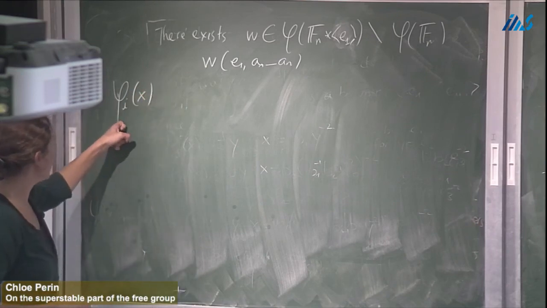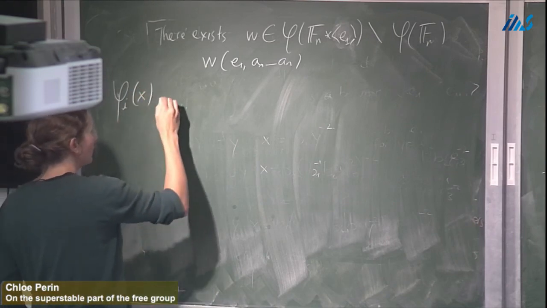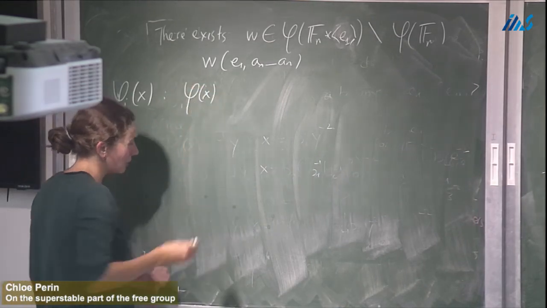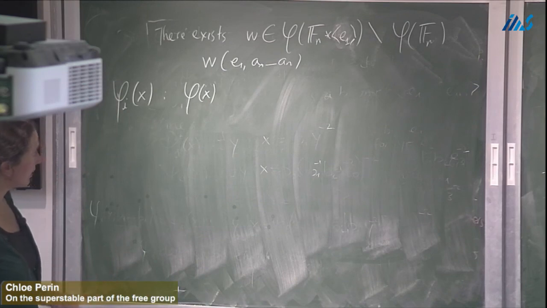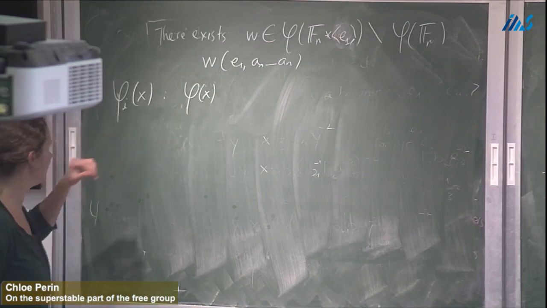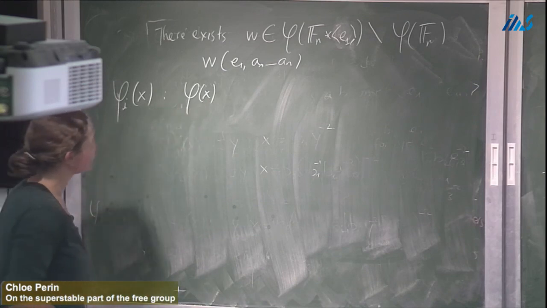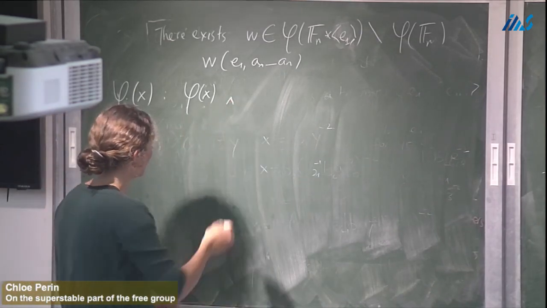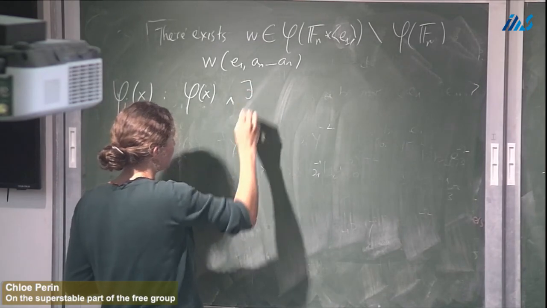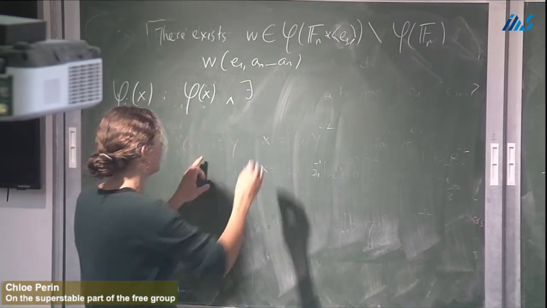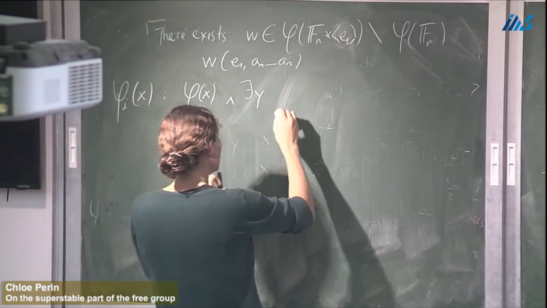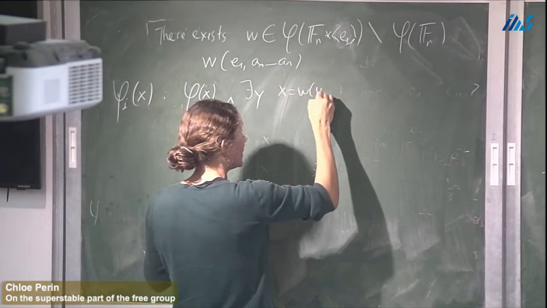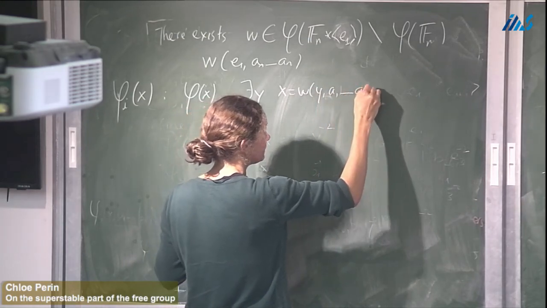So when is an element in phi of x? First of all, it satisfies phi, remember that we want to find a descending chain of sequences which are all in phi. And then the second thing you will say is that you can find a y which allows you to write the x as w of y, a1, an.